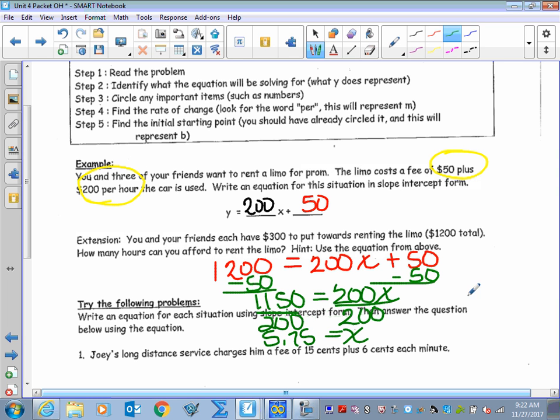Now, 5.75 hours, if we change that to minutes, would be 5 hours and 45 minutes. So that would be the answer. That is how long you could rent the limo if you and your 3 friends only had $1,200.